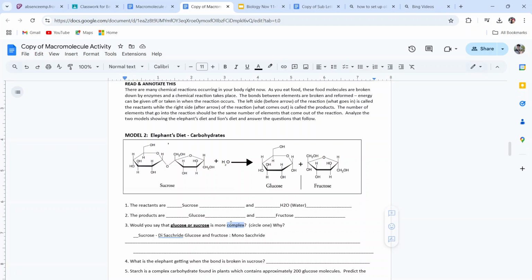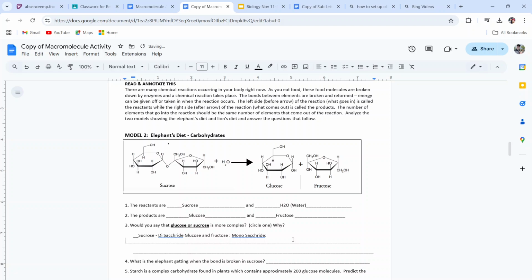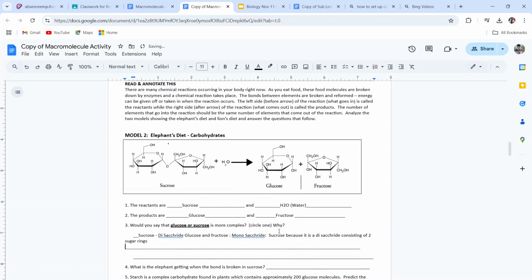So if we're trying to identify who is more complex, we're going to say that it is our sucrose that is the more complex because it is that disaccharide, consisting of 2 sugar rings.